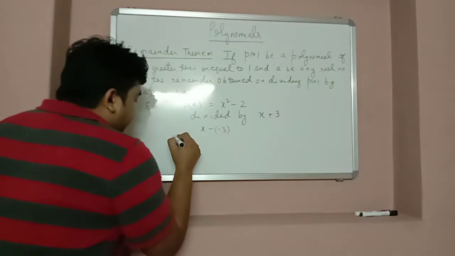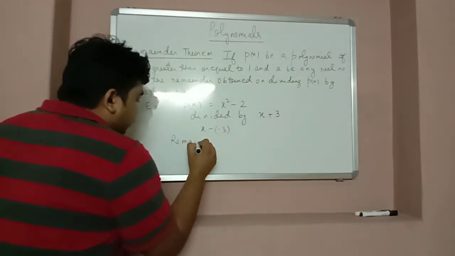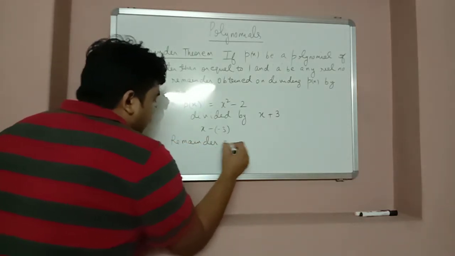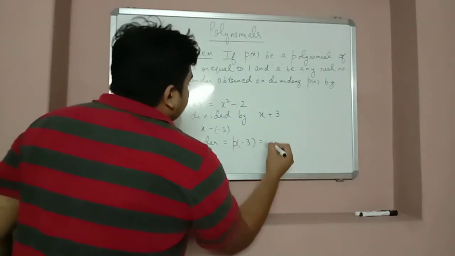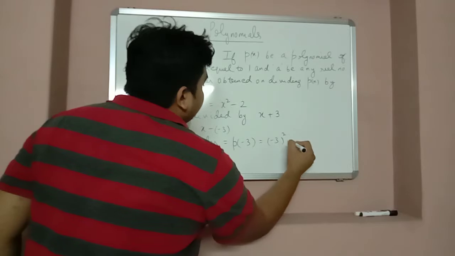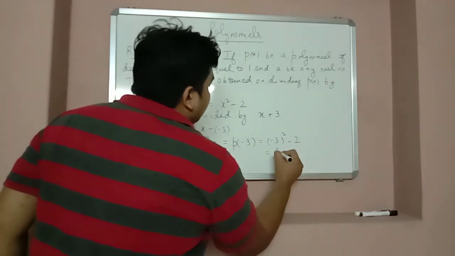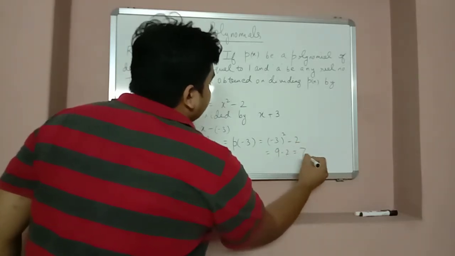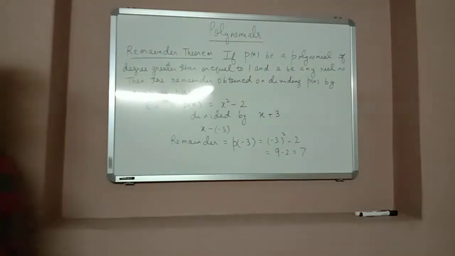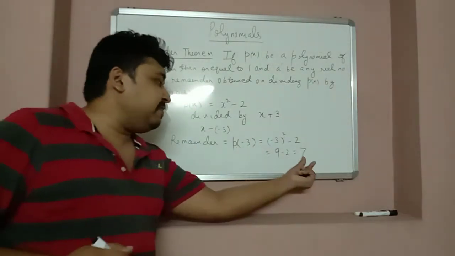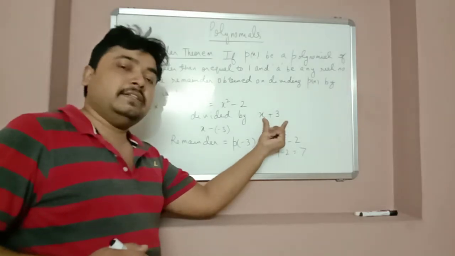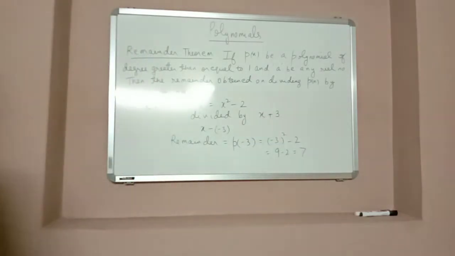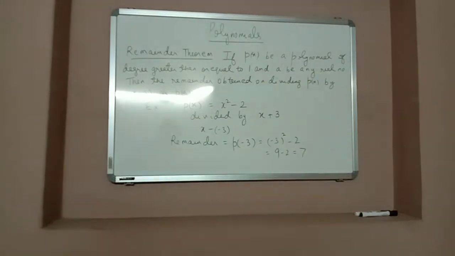So the remainder here will be equal to p of minus 3, which is equal to minus 3 whole square minus 2, equal to 9 minus 2, equal to 7. So we can easily find that 7 is the remainder when x square minus 2 is divided by x plus 3. You may note down the content by pausing the video.